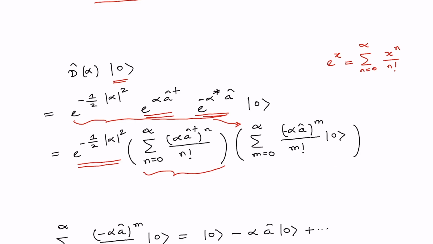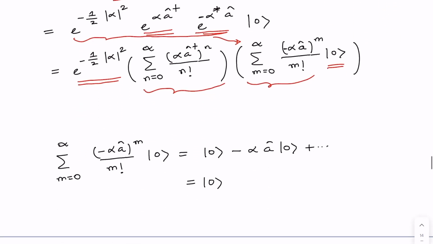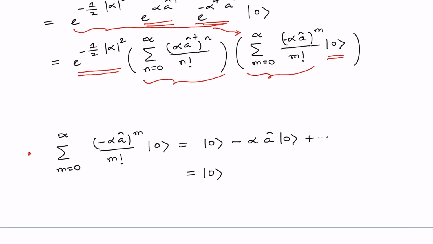This is the operator, and it is applied to the ground state. I'm now showing how you can apply it. It is very easy. If I expand it, the first term would be |0>, then the second term would be minus alpha a, which is then applied on the ground state |0>, and so on. You will get higher order terms.